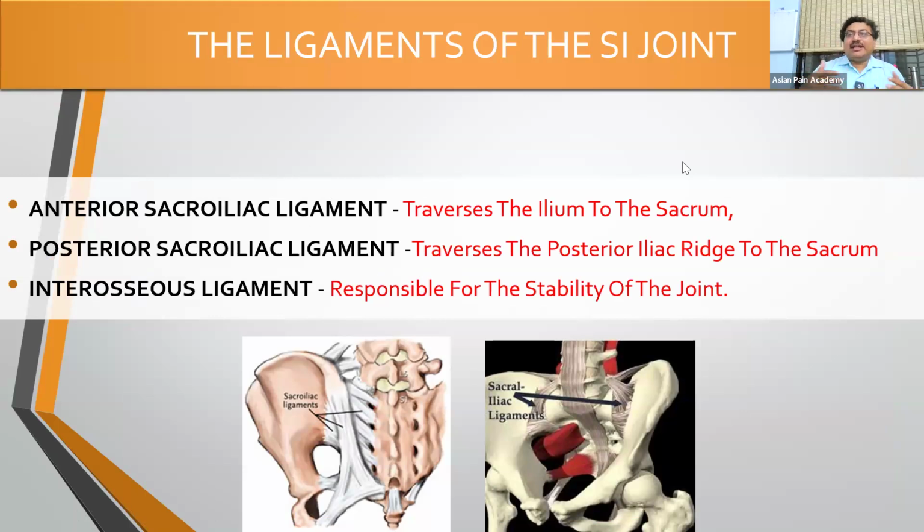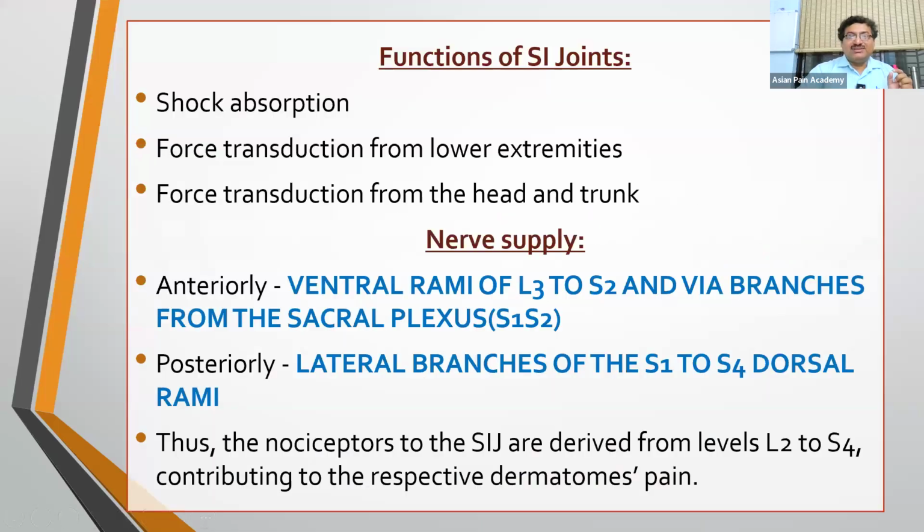And another ligament in between the bones is known as the interosseous ligament, which is also important for the stability of the joint.